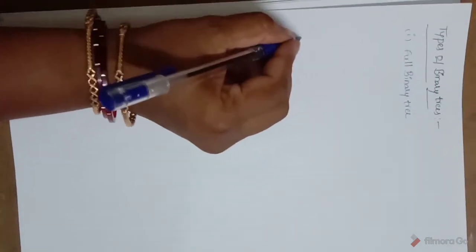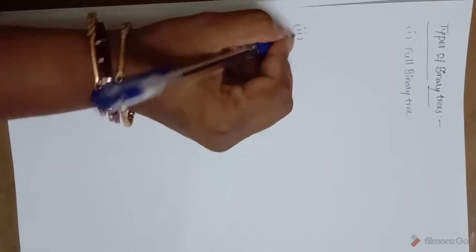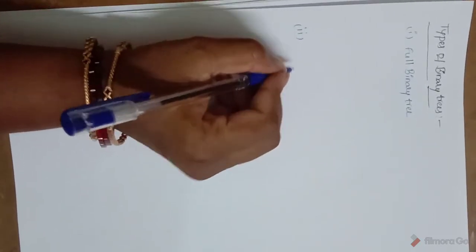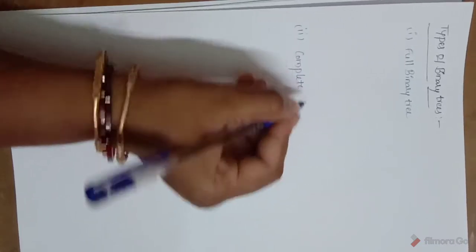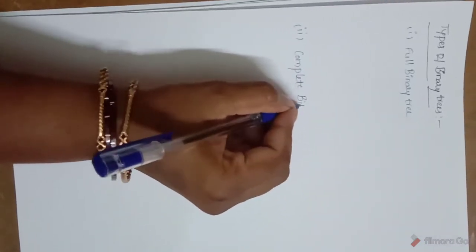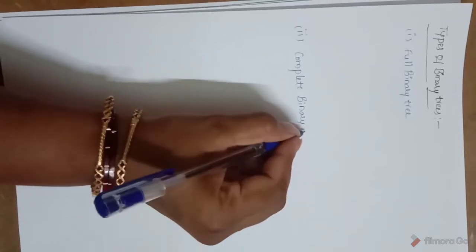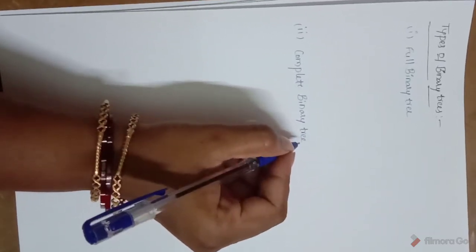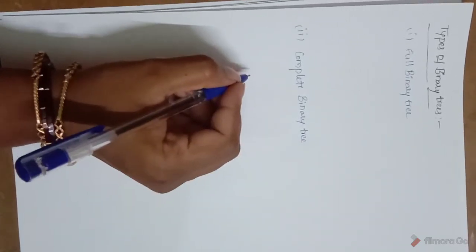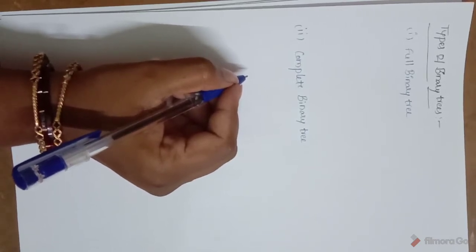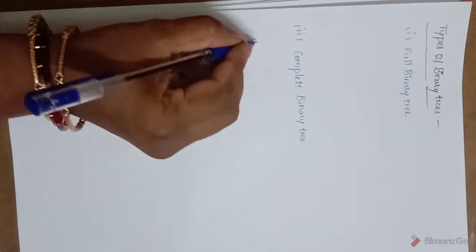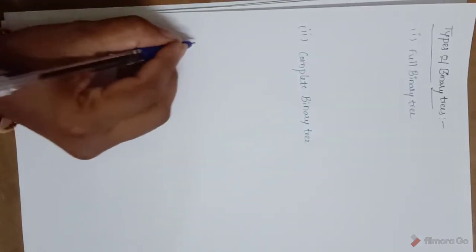Full binary tree. Next we'll have another one, complete binary tree. I am explaining here with examples. Complete binary tree, and we can represent them in skewed binary trees.